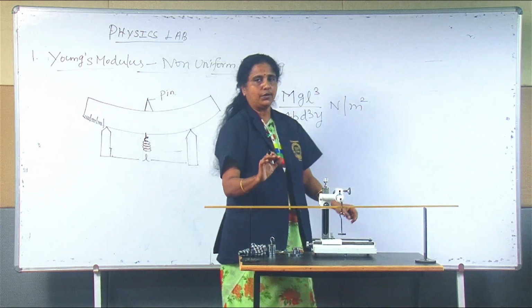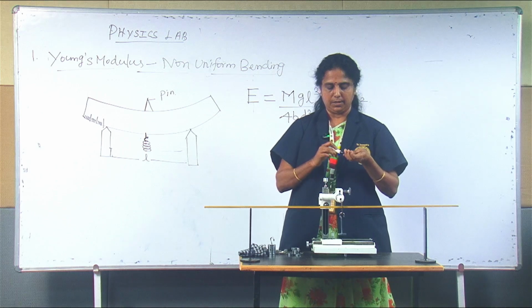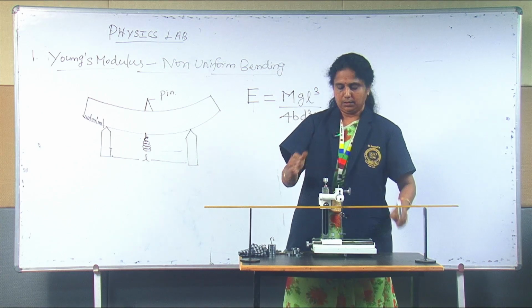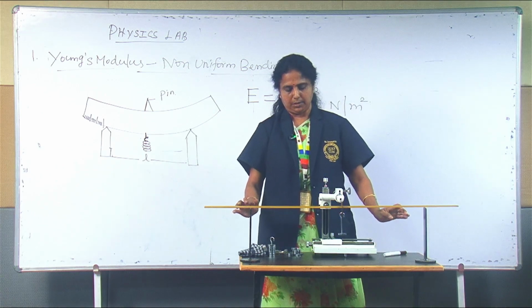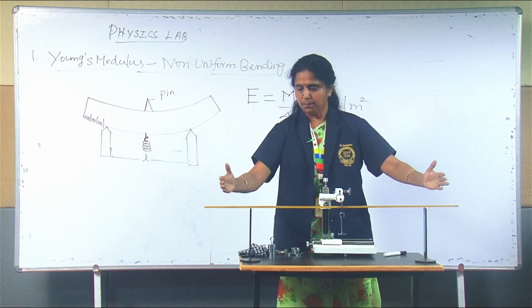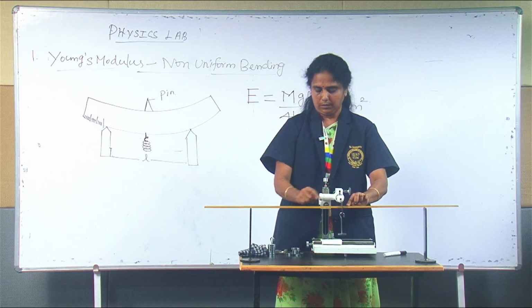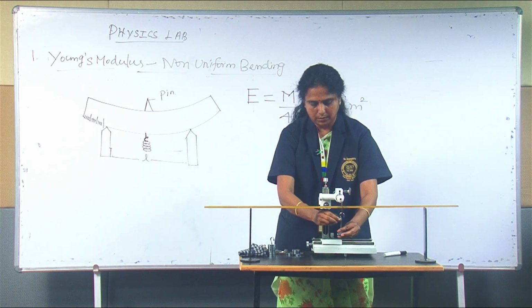What is the difference between the non-uniform bending method and the uniform bending method? This is a setup for the non-uniform bending method. For the uniform bending method, I have to apply weight at both the ends. If I add weight at its center, this is the dead load.